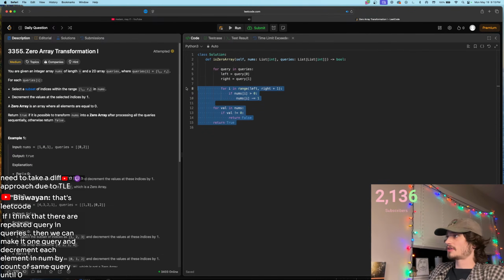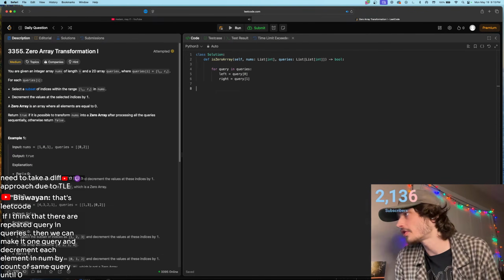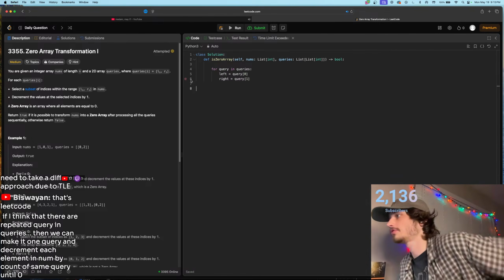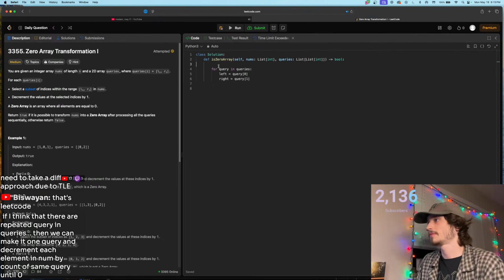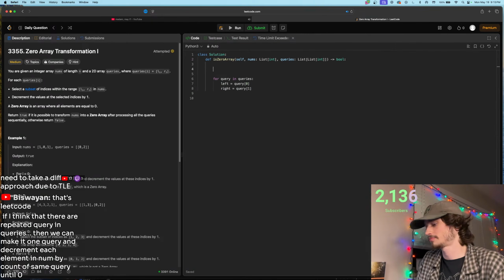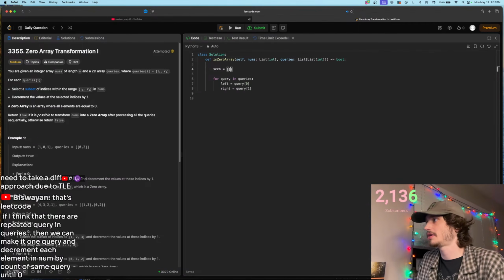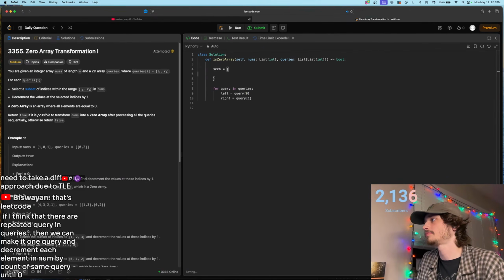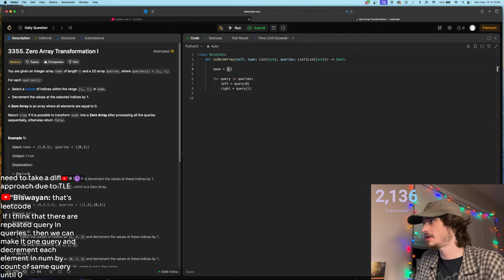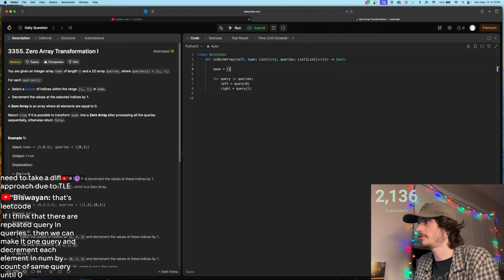So let's think about this then. Let's say for query in queries, left equals right. I'm going to say seen equals a dictionary map of values. So we need to keep reference of seen values.